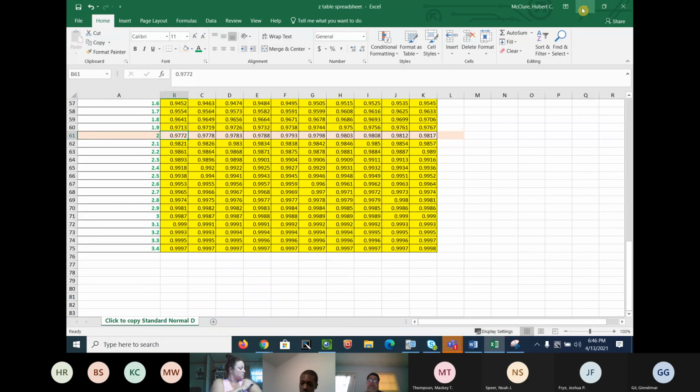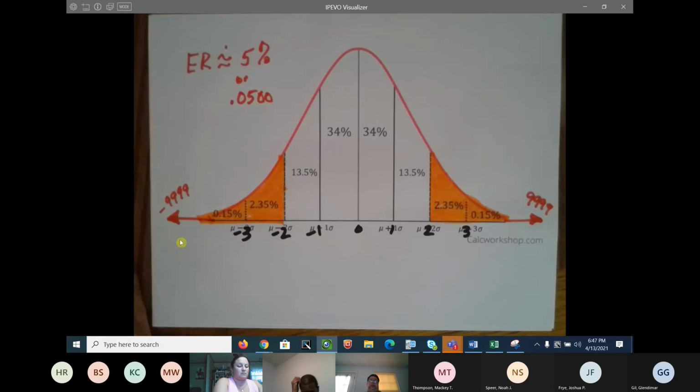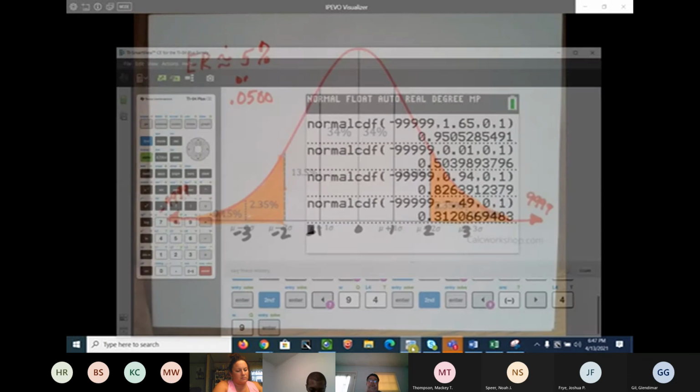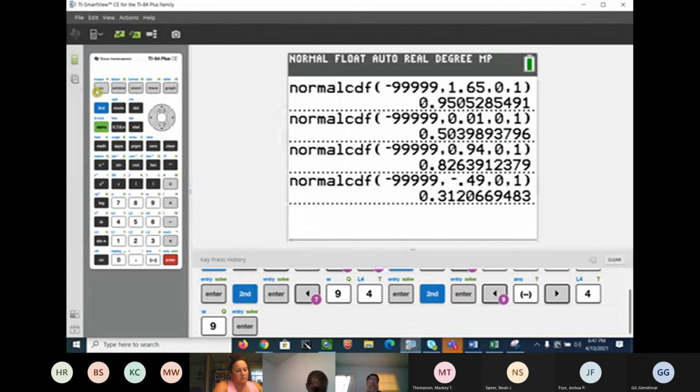Then you have to use the complement, and that's going to blow a fuse, and I'm not going to do that. So I want everybody to take your handy dandy calculator and do normal CDF, second enter.